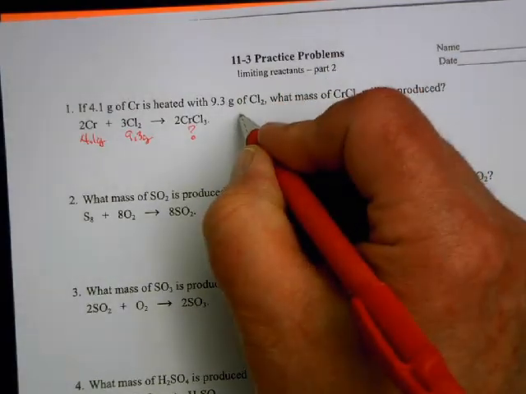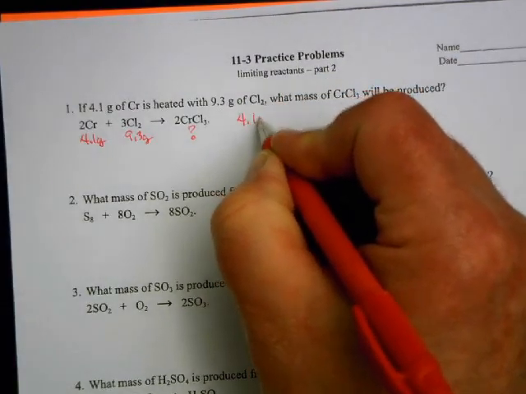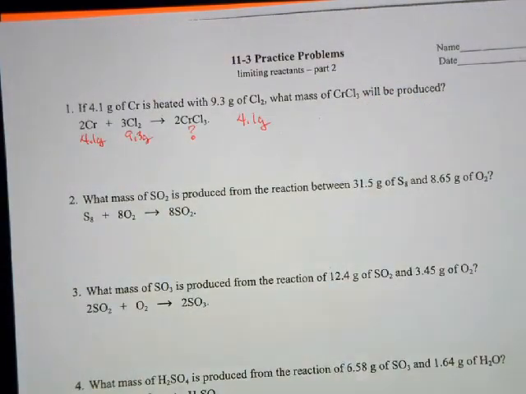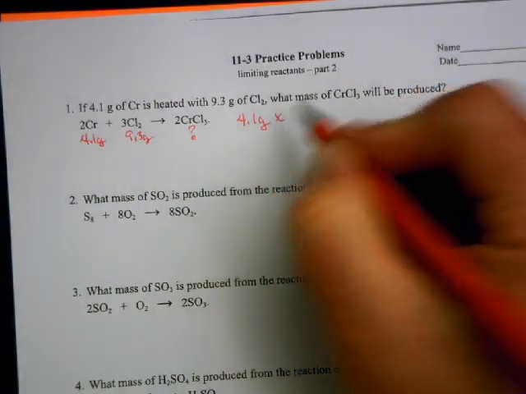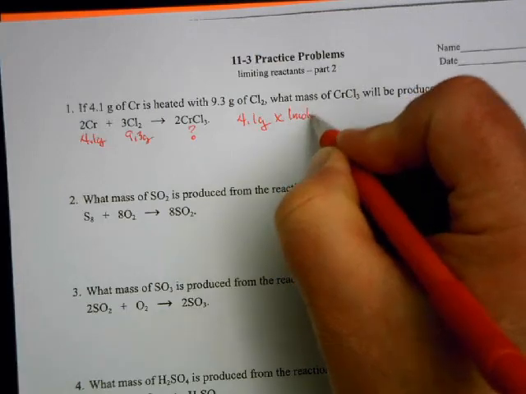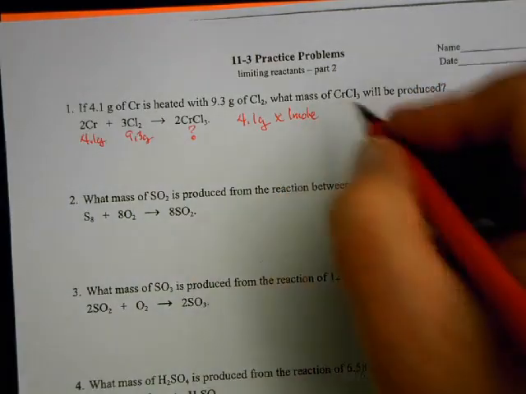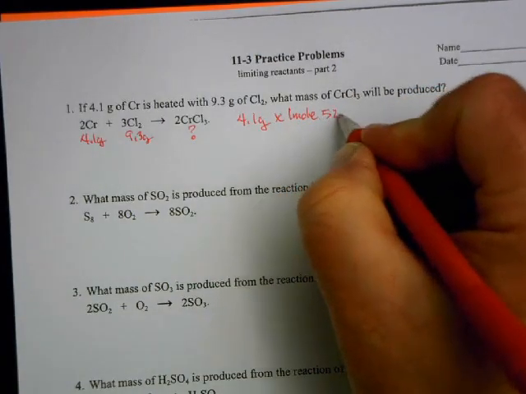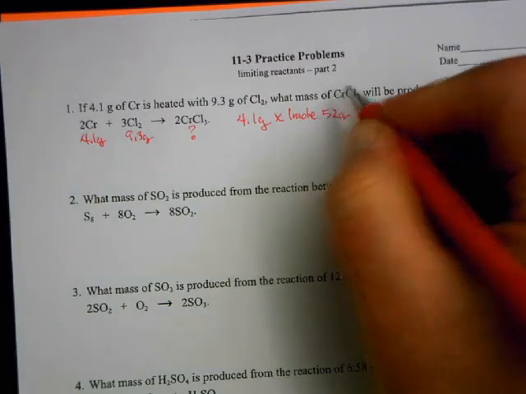So first, go to moles. So for chromium, that's basically 52 grams.